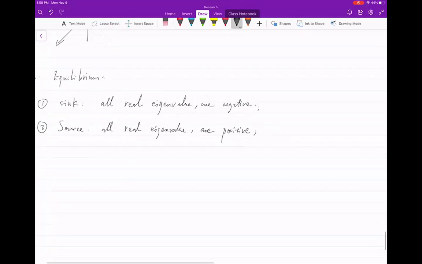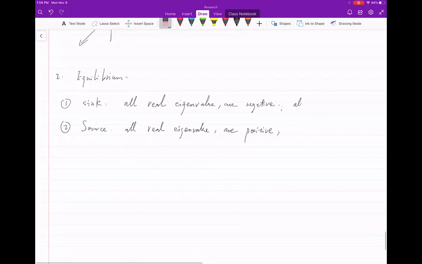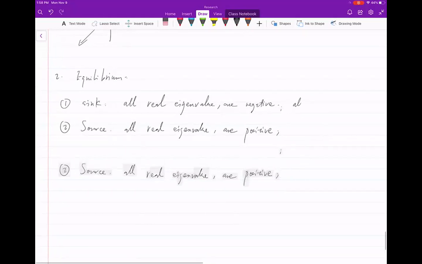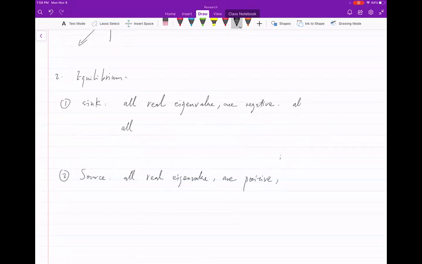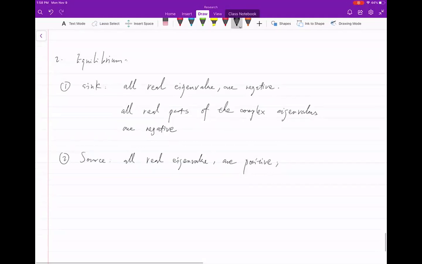So if all real eigenvalues are negative, and all real parts of the complex eigenvalues are also negative, then you have a sink.